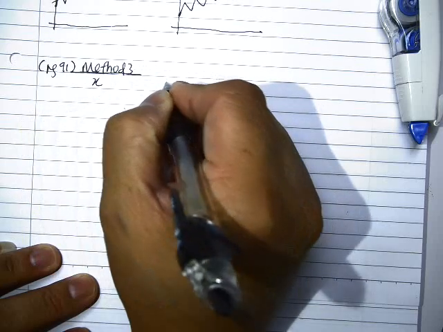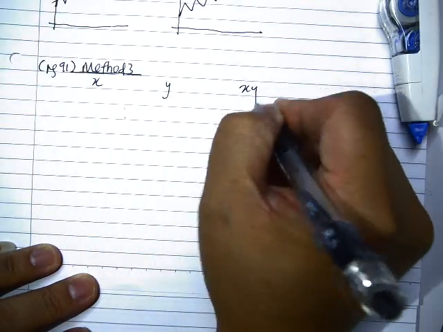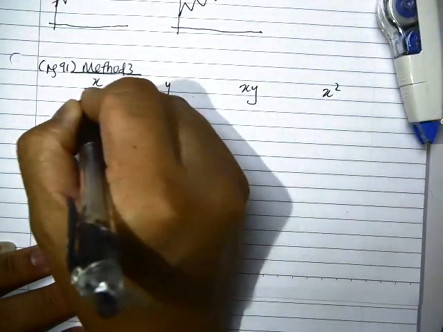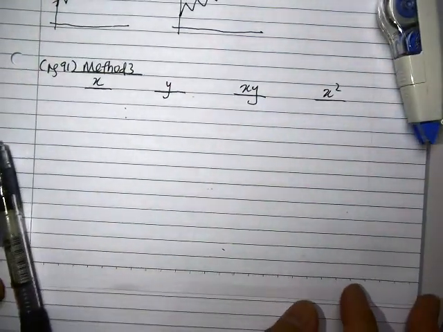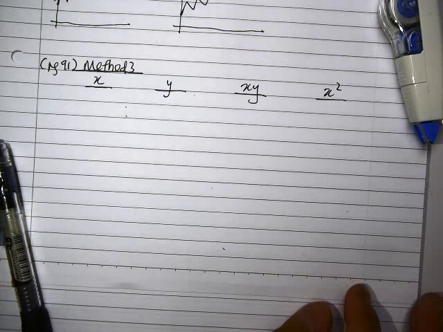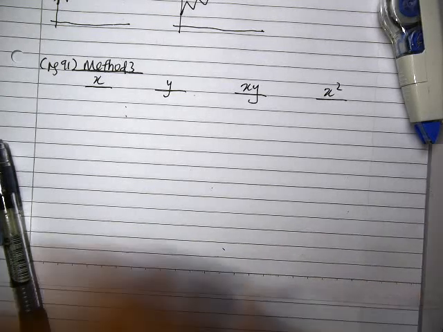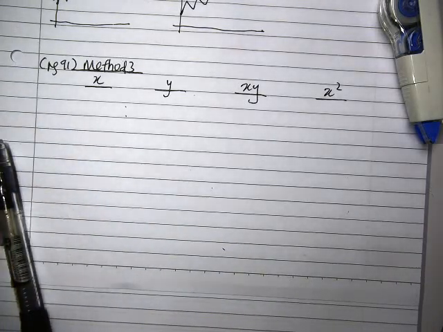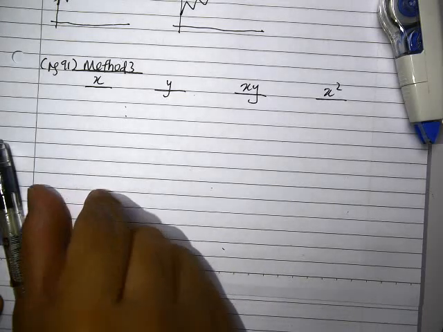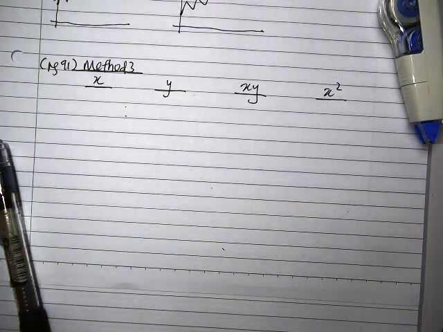You put x, y, xy, and x squared. So again, class, 90% the examiner will not ask you to calculate. She will give it to you, because that's what we see in the past here. Okay? So now based on this x, y, and x squared, you're going to fill in all the values, and then you're going to find the summation, the total, and then use the total, apply the formula, and work out what's the equation. Okay, now you fill in the blank.